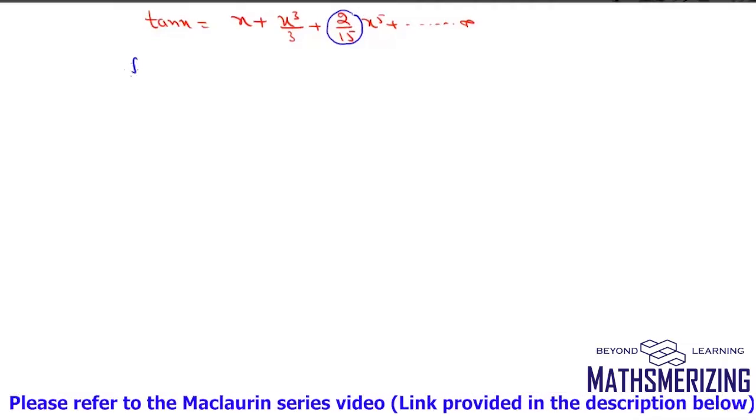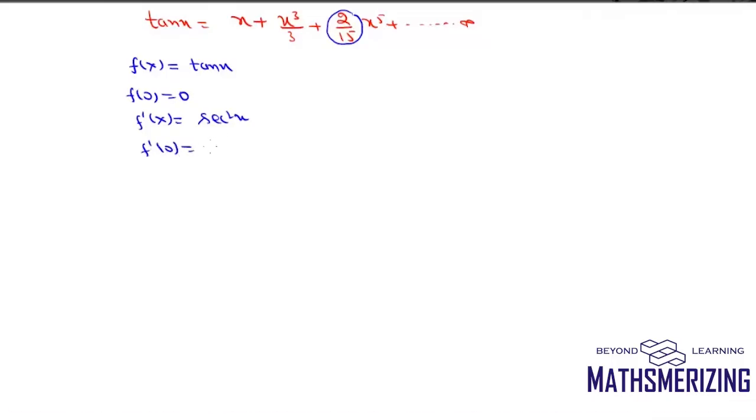So here my function f(x) is tan x. Now I'll find the value at 0. So what is the value at 0? So tan 0 is 0. Now I'll differentiate the function. I'll find f dash x, and f dash x is secant square of x. So if I put 0, now secant 0 is 1.